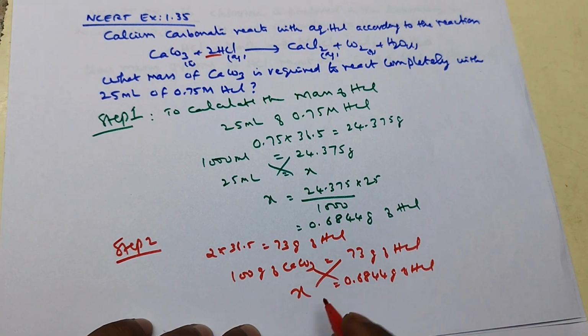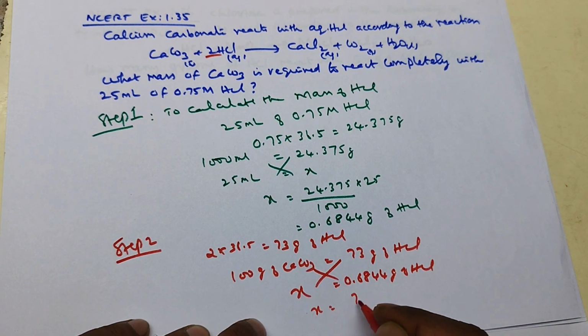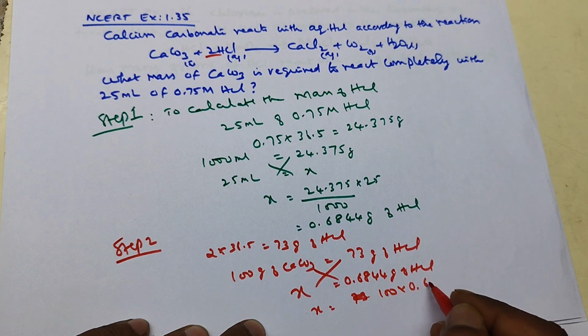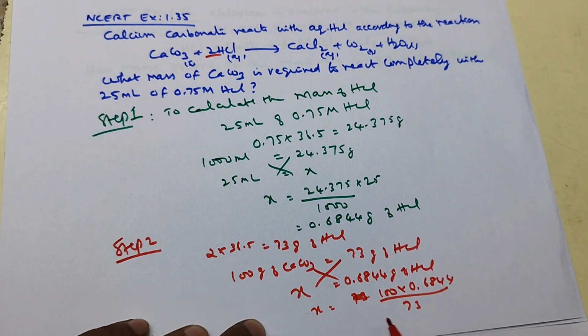You just cross multiply. So X is equal to 100 into 0.6844 divided by 73. We are getting how much gram?